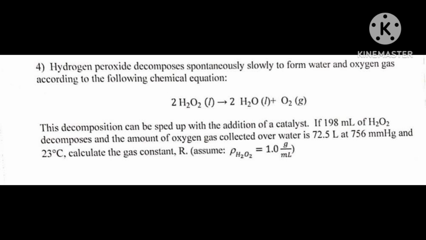Preparation I discussed, properties also I have discussed, physical properties and chemical properties. Now I am telling about applications, meaning uses. What are its uses?